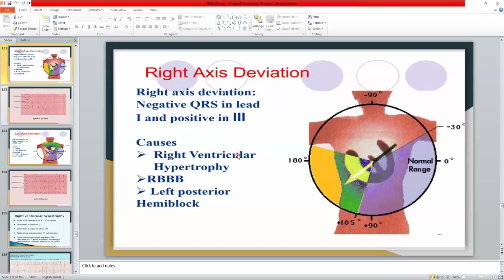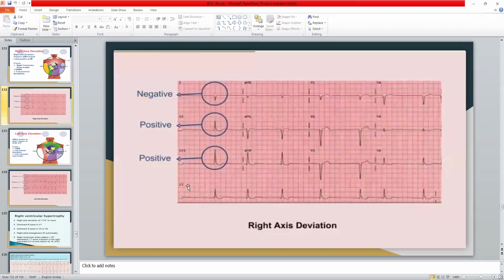Most commonly, it is seen in right ventricular hypertrophy, right bundle branch block, and left posterior hemiblock. I have already explained how in the right axis deviation, QRS is negative in lead 1, positive in lead 2, lead 3, and AVF.